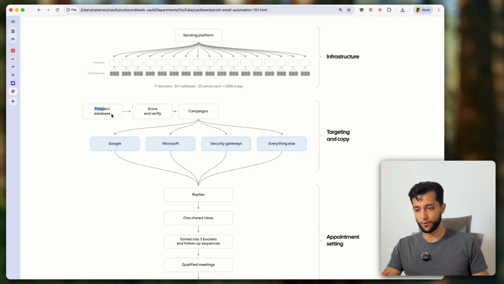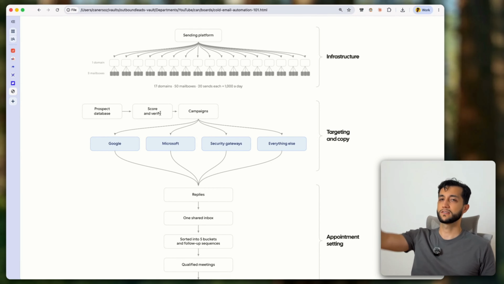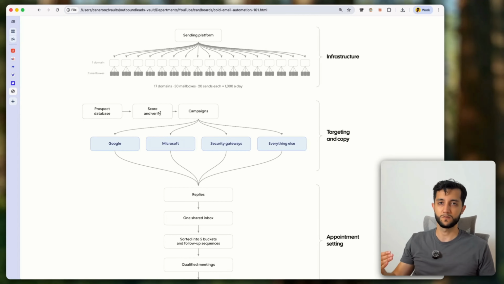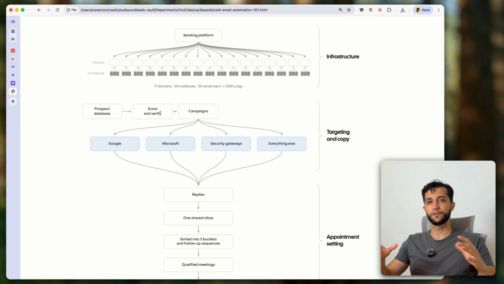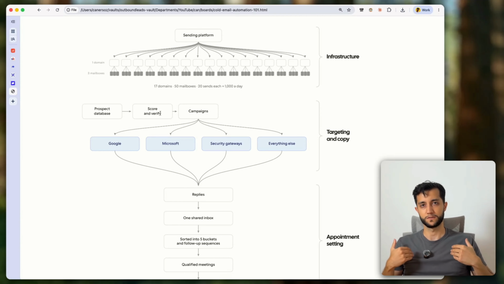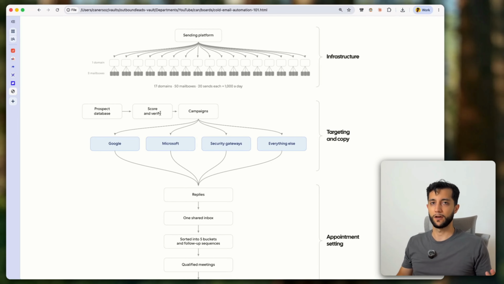We will get our prospect database, and score and verify all the leads that we get, right? Meaning we look at all the prospect data that we have in any given CSV file, and then we analyze which of these is actually a good fit for our target audience. Because we don't want to email people that we don't want to have as clients anyway.